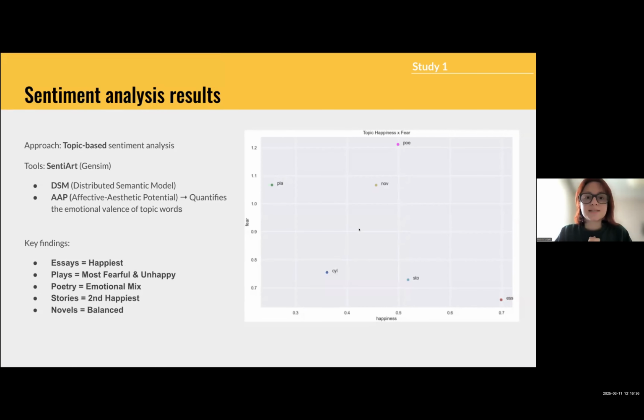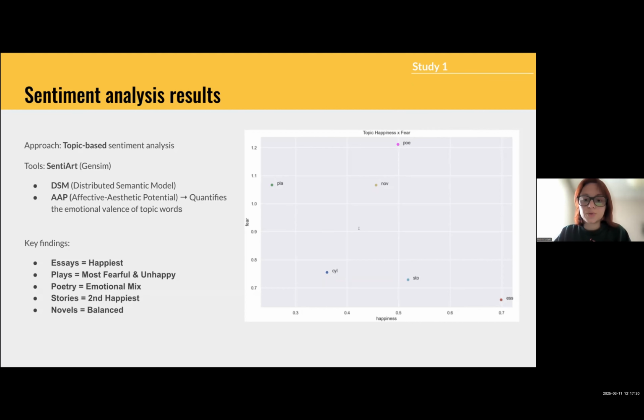The sentiment analysis is not applied directly to the entire corpus, but it was applied to words extracted from topic modeling results. So in this way, they measured the emotional valence of dominant topic words. To achieve this, the authors used Gensim tools, initially LDA for topic modeling, as we said, and SentiArt for sentiment scoring. SentiArt is a tool that the authors had built in the past, an unsupervised tool that instead of relying on a predefined sentiment lexicon, applies DSMs, distributed semantic models, trained on the GLEC corpus, on the specific corpus that they study.